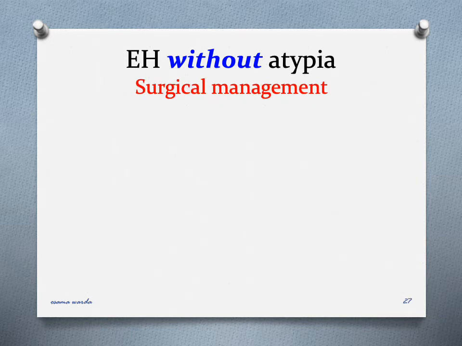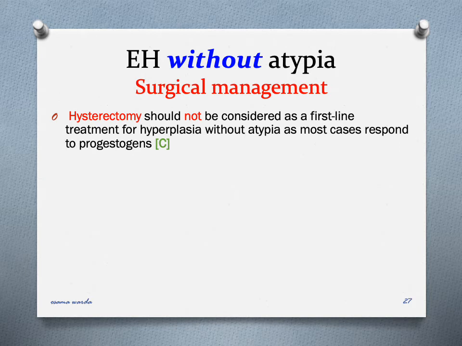What about the surgical management of endometrial hyperplasia without atypia? Hysterectomy should not be considered as the first line of treatment for hyperplasia without atypia, as most cases respond to progestogen.